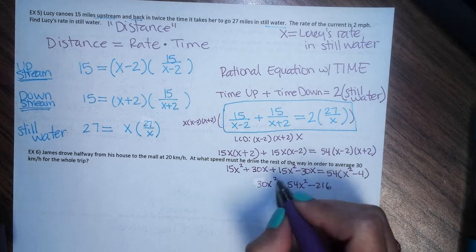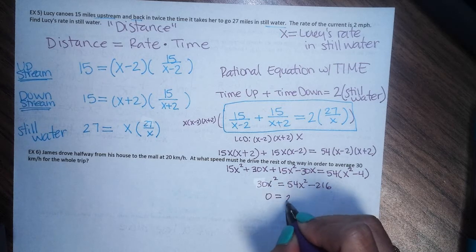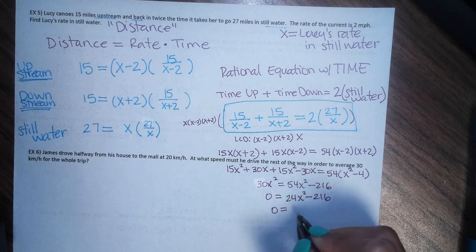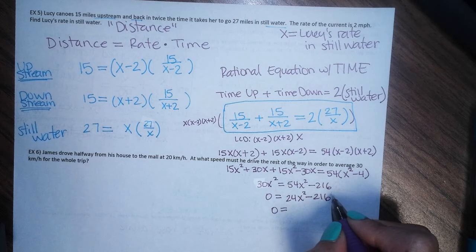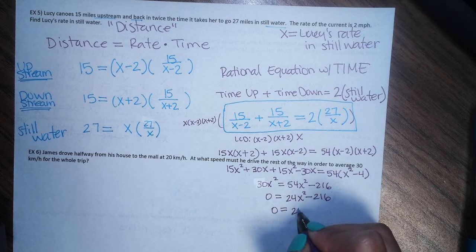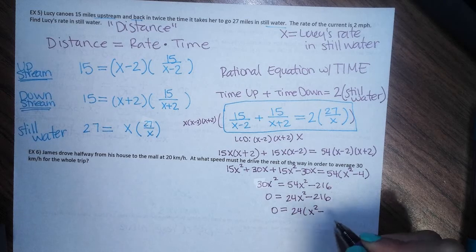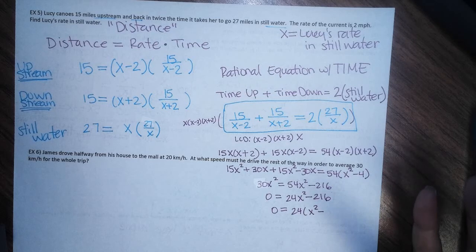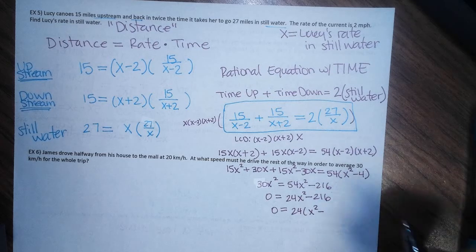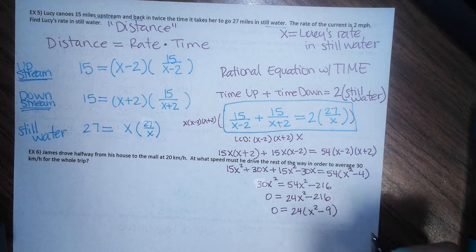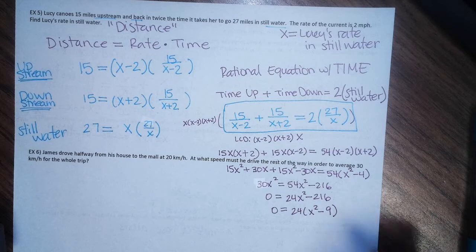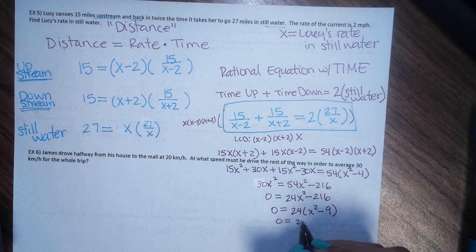Now, like I said, this is a quadratic, so let's set it equal to 0 to solve. 24x squared minus 216. I'm going to guess that I can factor a 24 out. So 216, take out a 24. I think it's 9? Yeah, 9.